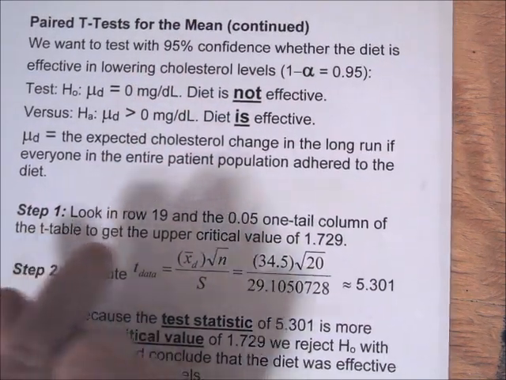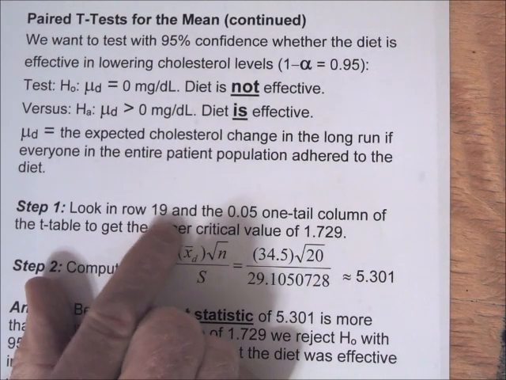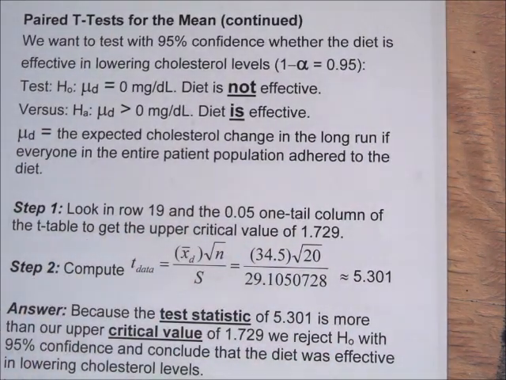So we want to look in row 19 and 0.05 of the t-table. Some tables will have a one-tailed column and a two-tailed column, but we want the one-tailed column, 0.05, and row 19.